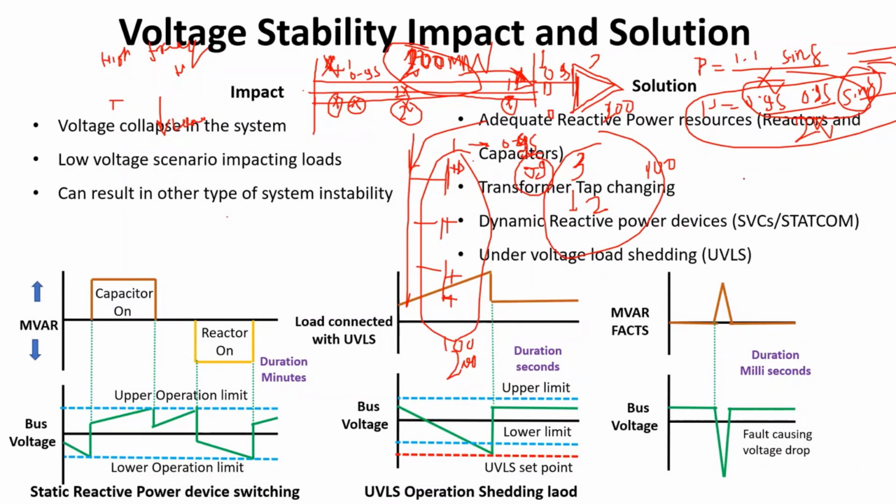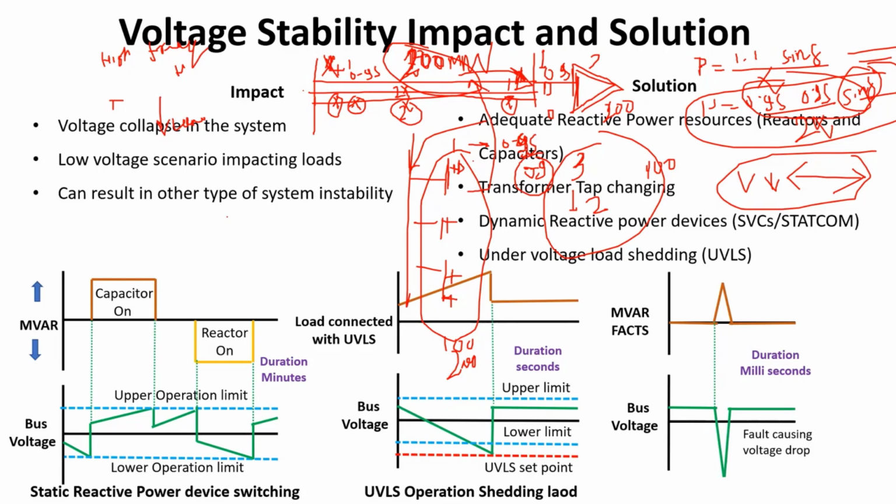So if I know this voltage drop and I have this time window, then I can design a UVLS setting: if the voltage is this and the time is this, and it persists for this much duration, trip all these loads, because it indicates that one of the transmission lines which was operating is going out of the system.